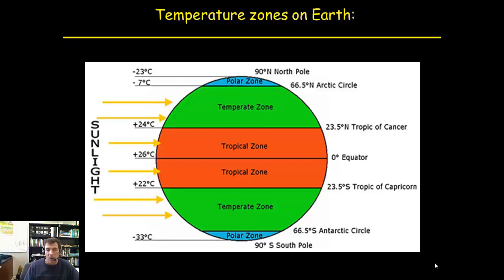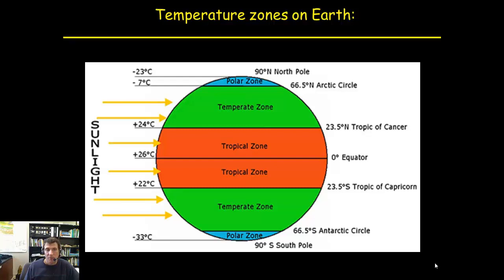And you see that a small portion of the Earth's surface is the polar zone, and that's of course where it's very cold. Then you have the middle belt around the equator that's called the tropic zone, and then the region that's in between that's neither too cold nor too hot, the Goldilocks zone, if you will, is the temperate zone. And that's of course where Alabama is located.